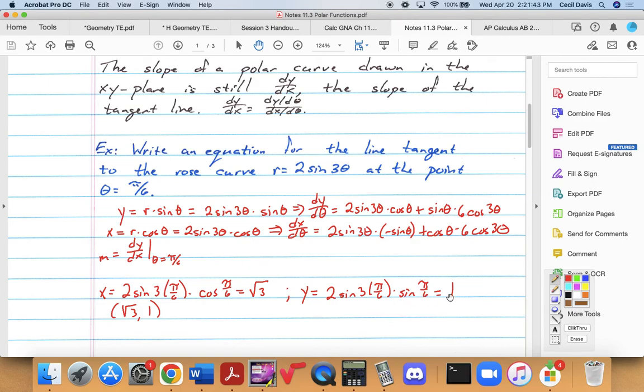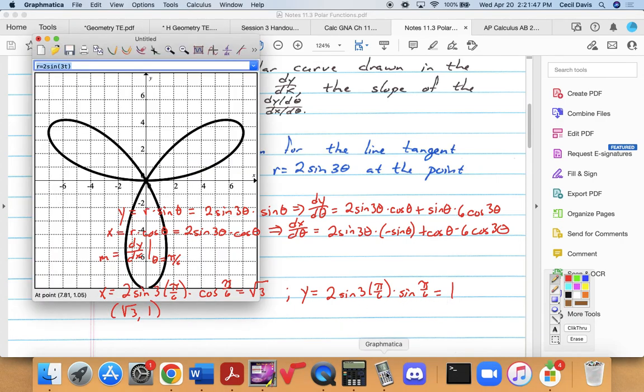Where's it at? So the problem is the square root of 3, 1 would not even be on this. Square root of 3 would be like in here. Does it change when you do polar coordinates? No. Oh, okay. 2 sine 3t.